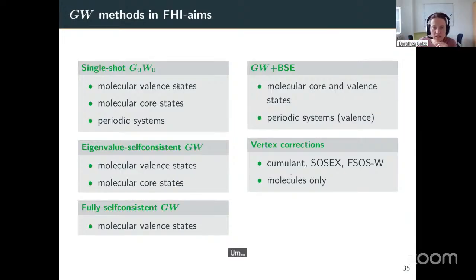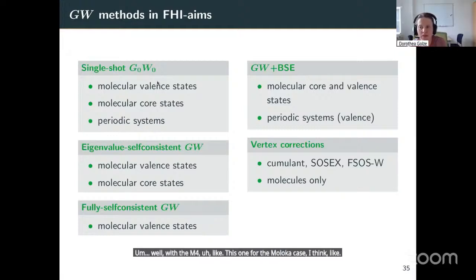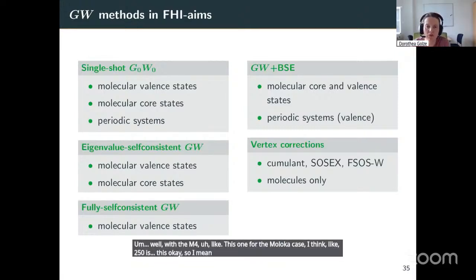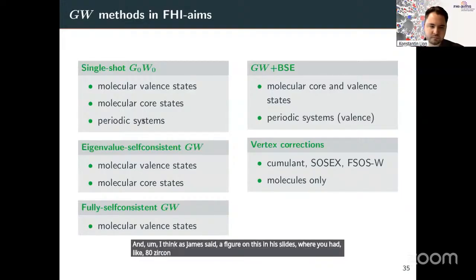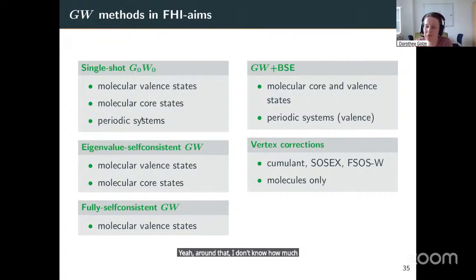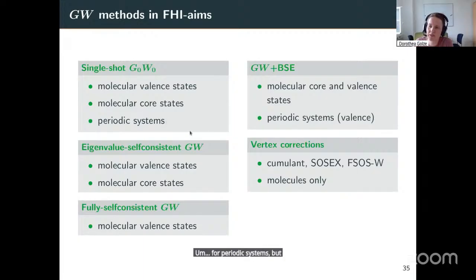Well, for the molecular case, I think around 250 atoms is okay. You need a couple of cores. And I think James had a figure on this in his slides where he had around 80 zirconium, or 81, I don't know exactly, something between 80 and 90 in the system there for periodic systems, but I think that was then 20,000 cores, right?